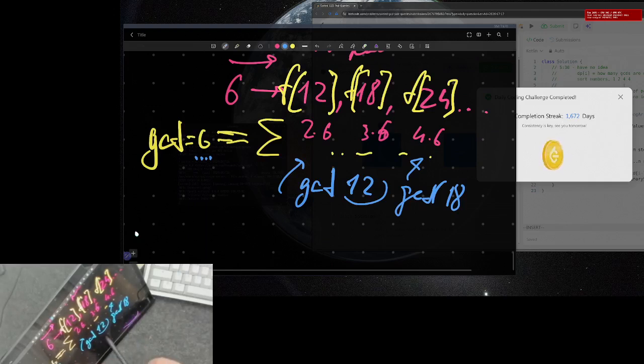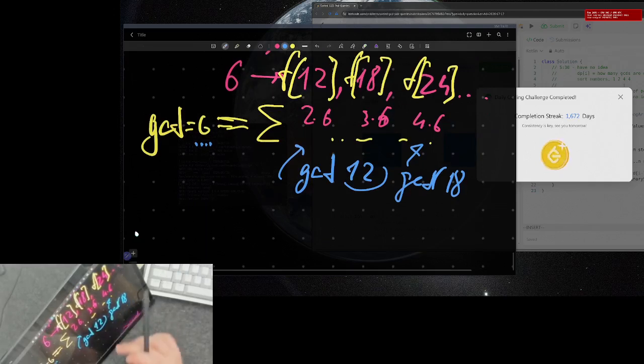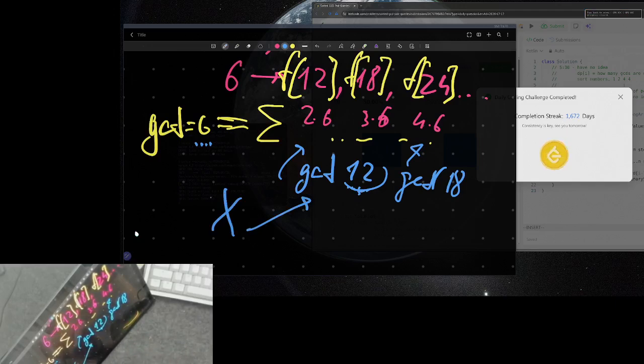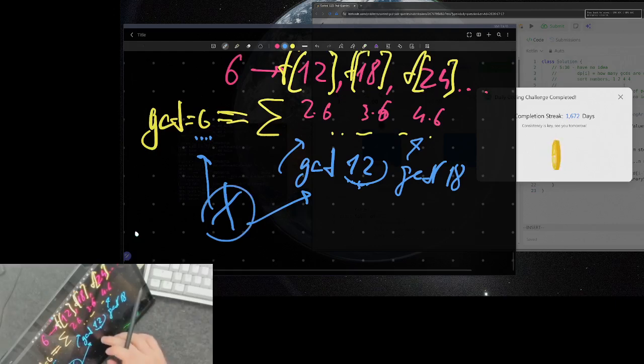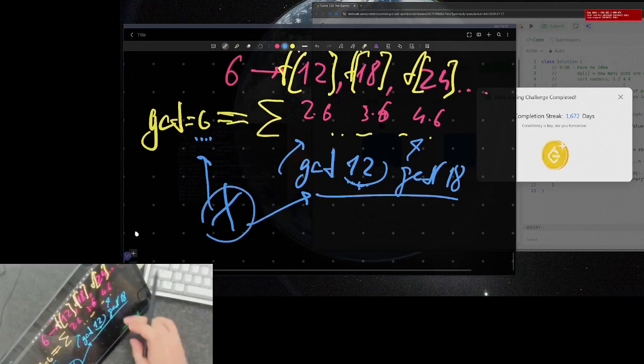Because if we don't exclude, we have the same pairs of the same numbers that give, for example, number x equal to GCD of 12 and GCD of 6, so this pair will be counted twice, so we want to exclude this.